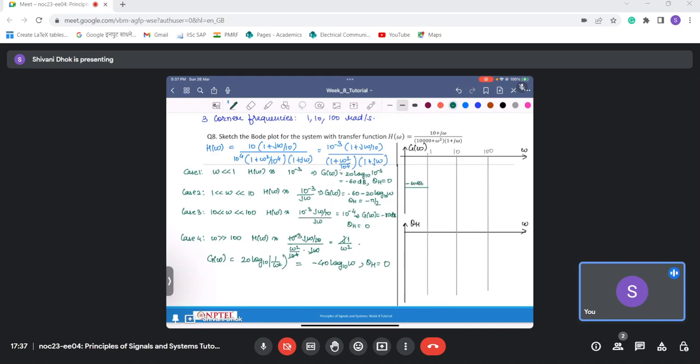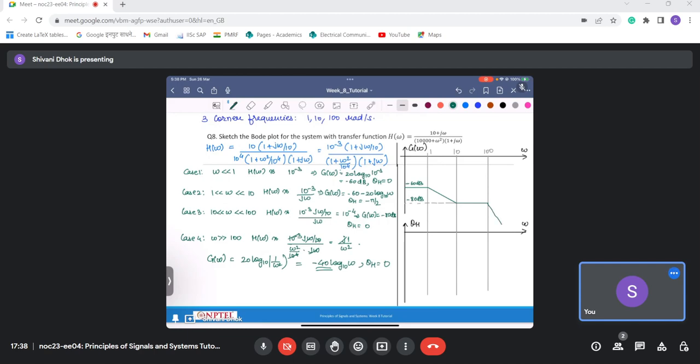After that we observe a minus 20 dB per decade decay. So it is something like this. If I draw it like this, this is minus 80 dB. After that it remains constant. So this is minus 80 dB, and after that again I have a decay, but now this decay is not of minus 20 but of minus 40 dB per decade.